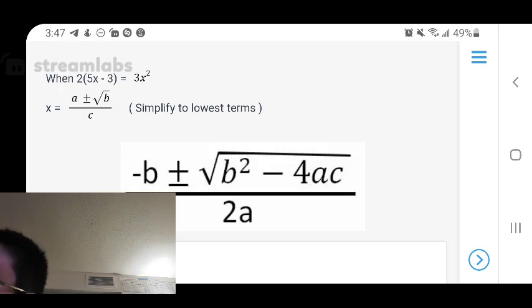Oh, because you can't do the factor. So you gotta use the quadratic formula for this. Because 1 and 6 is 3 and 6, and 3 and 2 is 9 and 2. So you gotta use the quadratic formula.